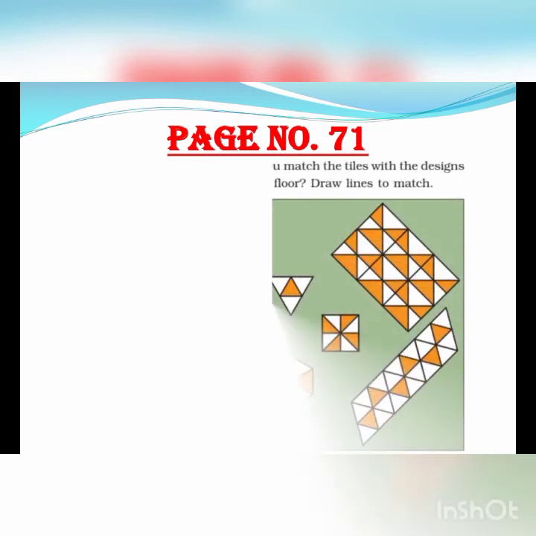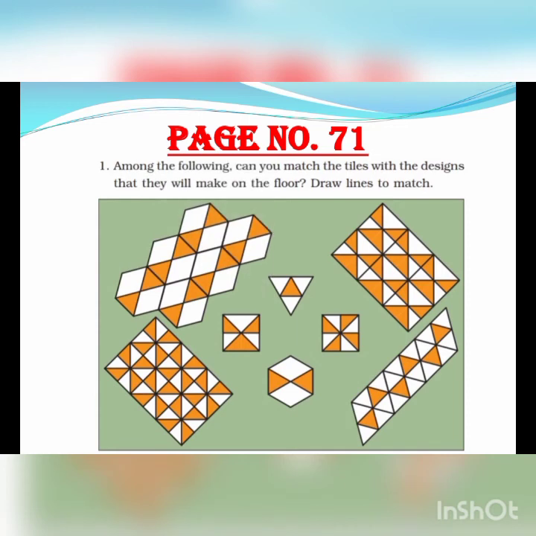One activity is given. Among the following, can you match the tiles with the designs that they will make on the floor? Draw lines to match. Here we have to match the tile which is used to make a particular floor design.